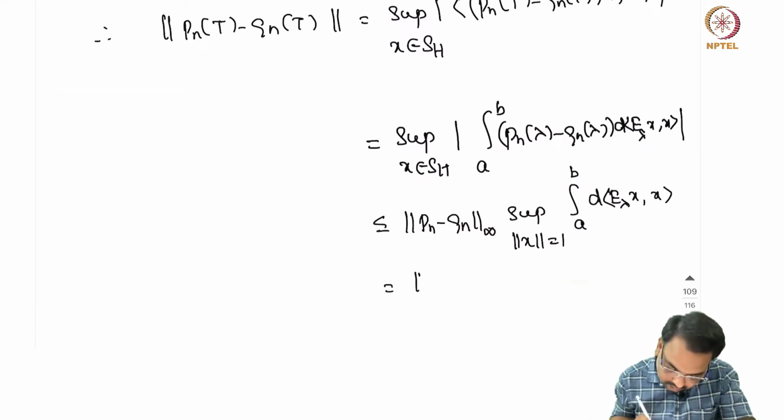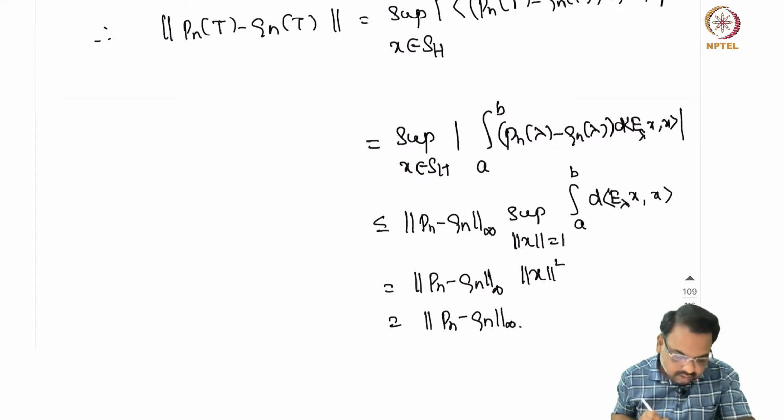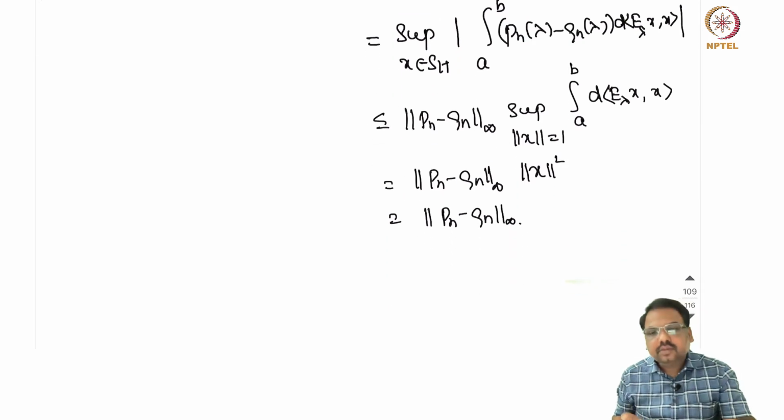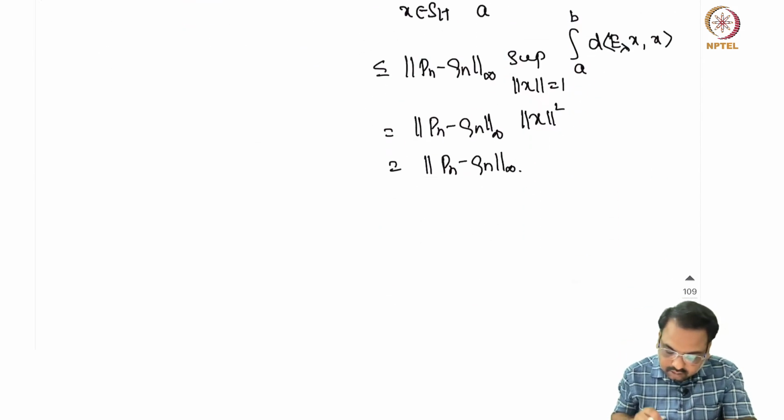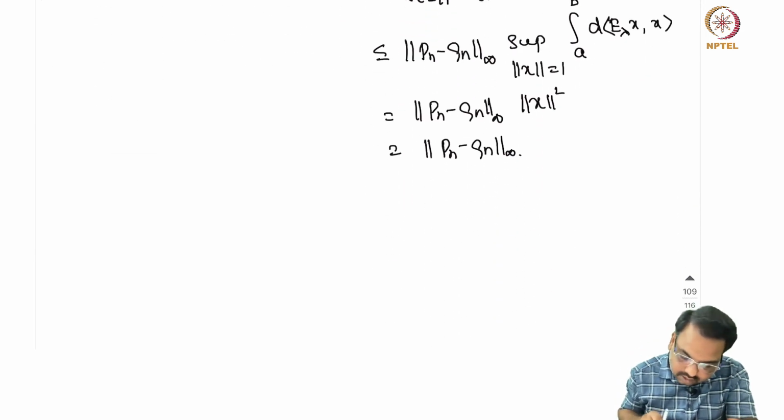So this is norm x square, so you will get the norm of Pn minus Qn. Okay, so this now we want to look at.